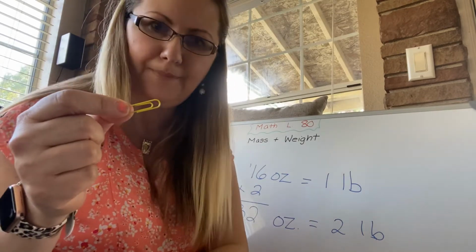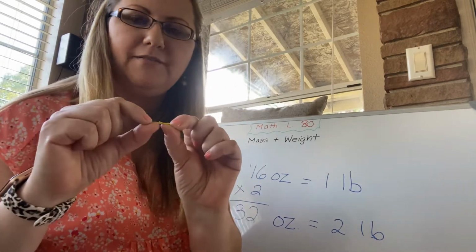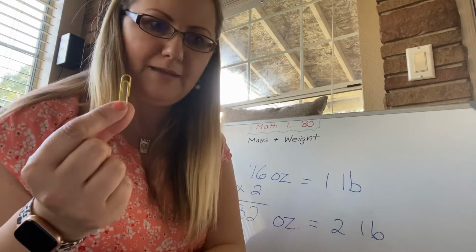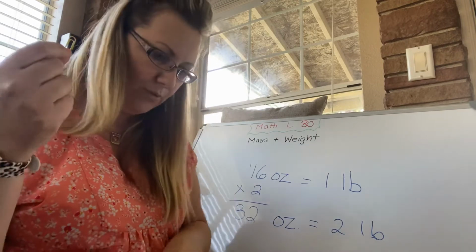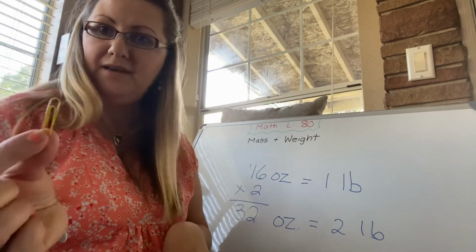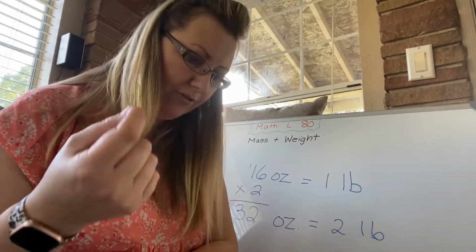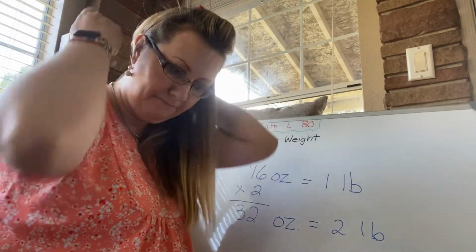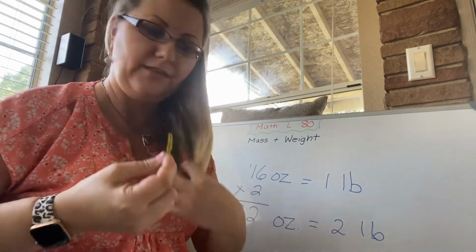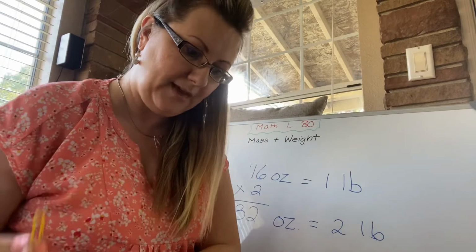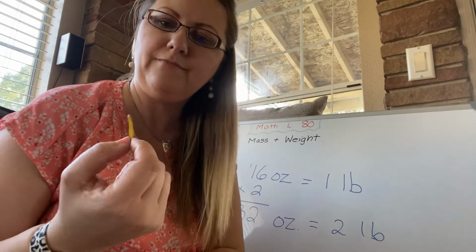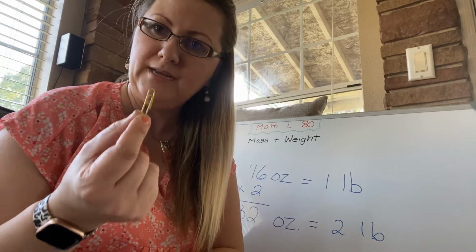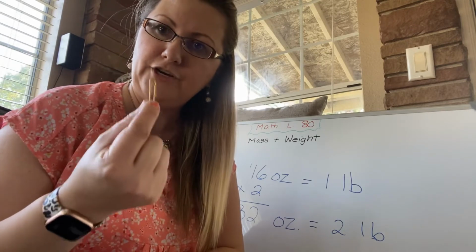The paper picker-upper person uses those all the time. This is a smaller paper clip, and this little paper clip weighs about 1 gram. 1 gram is a metric unit. So instead of the US customary unit, in Europe, for example, we would measure something like this in a gram.